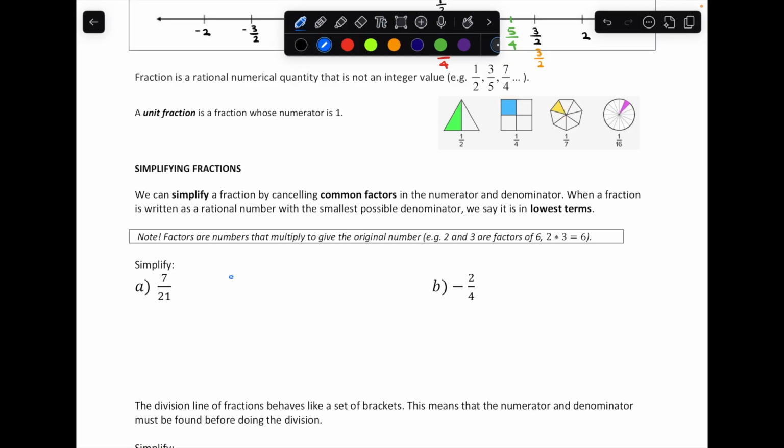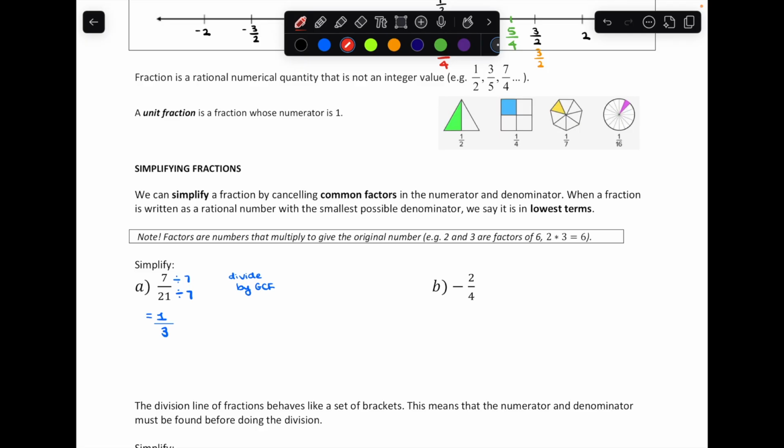And so if we divide by the greatest common factor, or GCF, we see that we can divide both 7 by 7 and 21 by 7. 7 divided by 7 gives us 1, and 21 divided by 7 gives us 3. And so we get an answer of 1 over 3.